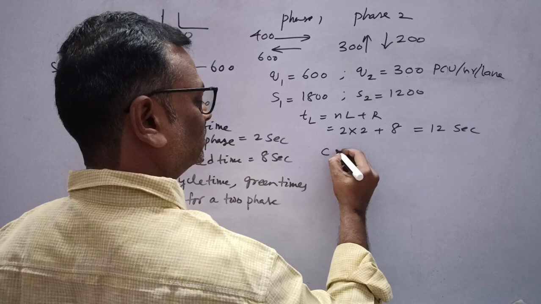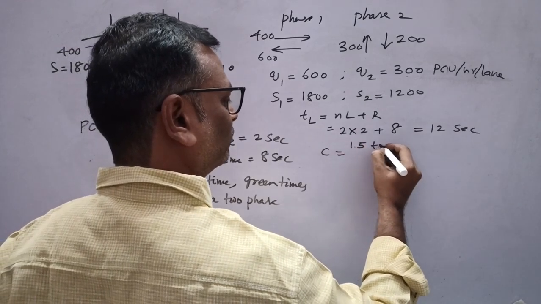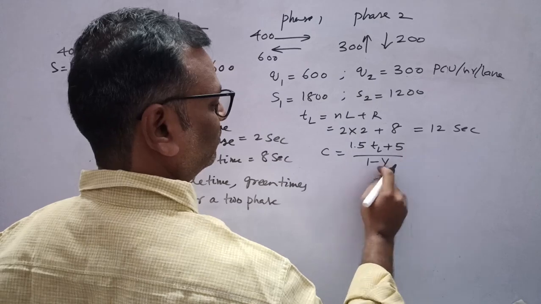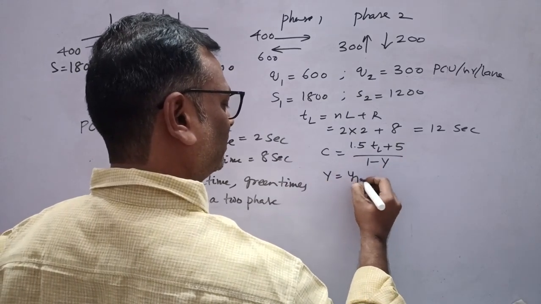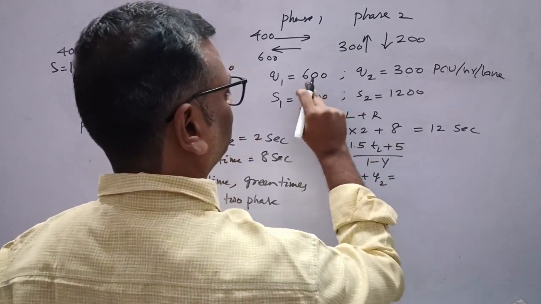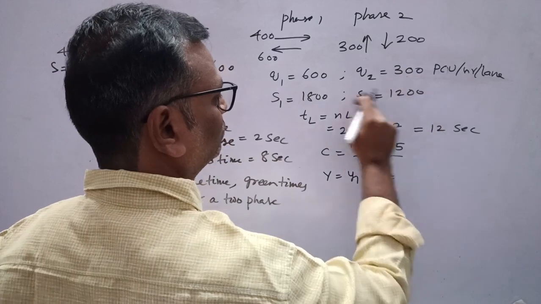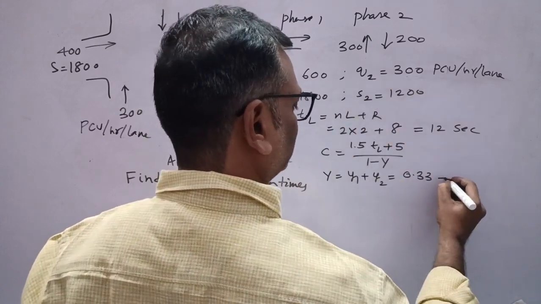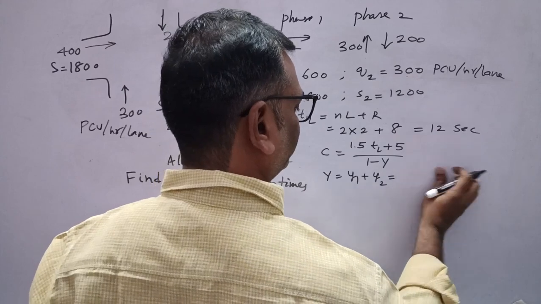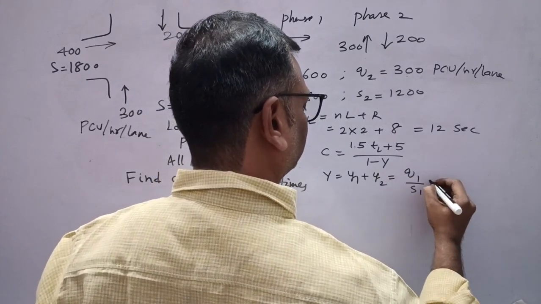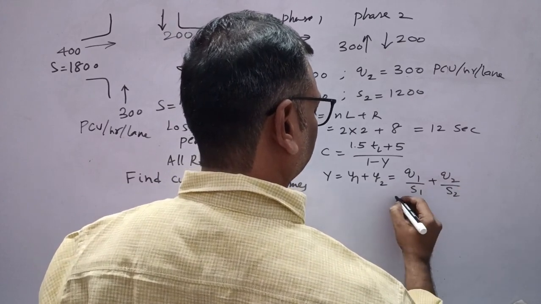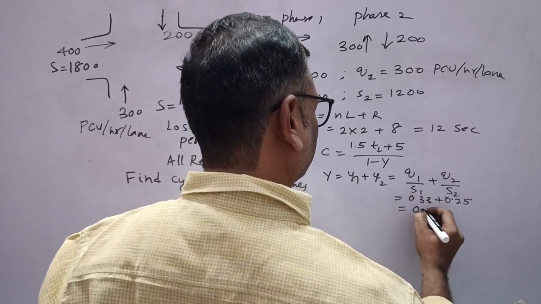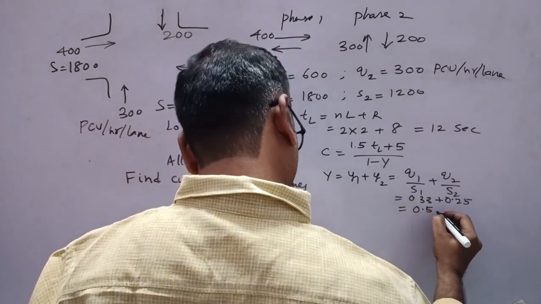And now we will find out C. We know C is 1.5 L plus 5 by 1 minus Y. For this we need Y equal to y1 plus y2, that is q1 by s1 plus q2 by s2, which comes as 0.33 plus 0.25, which comes as 0.58.